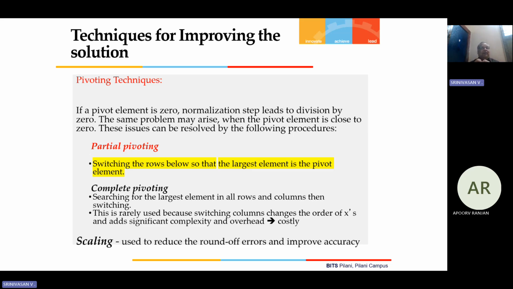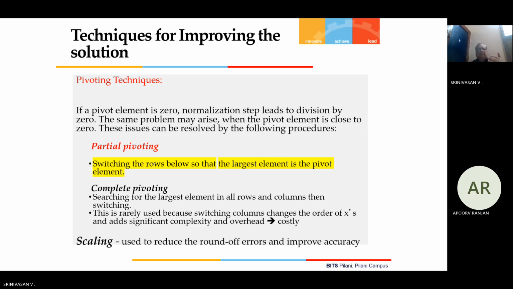So the pivot element row should be interchanged so that the first row, first column element is a non-zero element. There are in fact 3 types of techniques called partial pivoting, complete pivoting, and scaling.